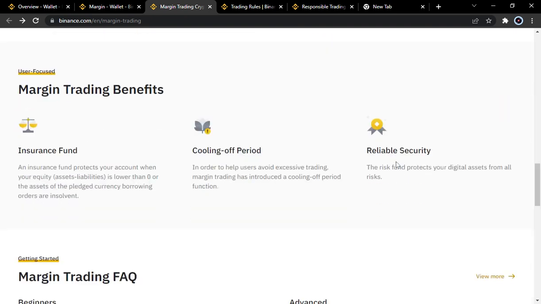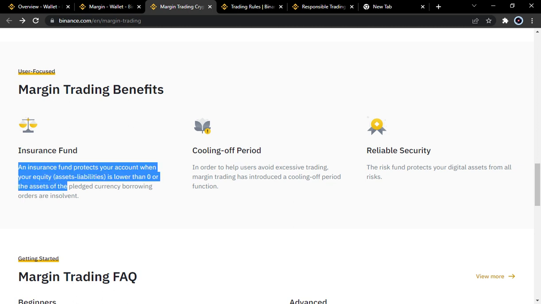You also need to know that the Binance margin trading benefits include the fact that Binance has insurance funds. It is also very useful because these insurance funds protect your accounts when your equity or asset liabilities are lower than zero or the assets of the pledged currency borrowing orders are insolvent. So this is when the insurance fund comes into place.